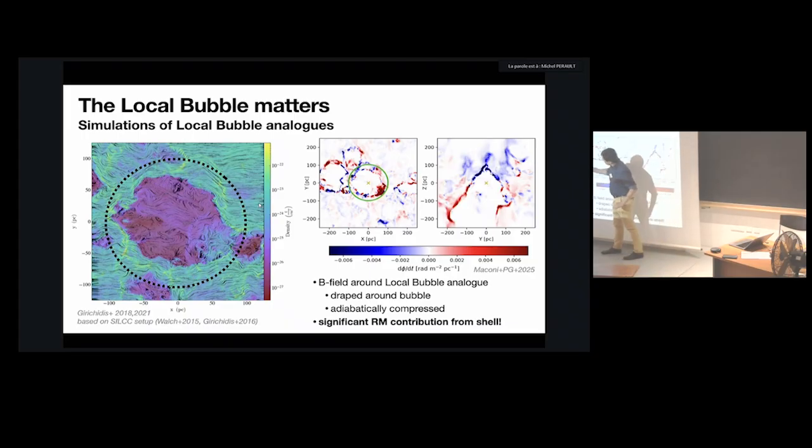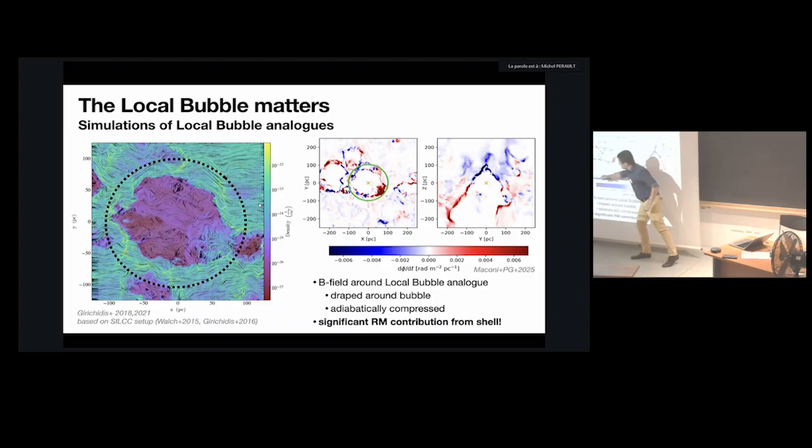Here is the density distribution of one of those bubbles. The streamlines here illustrate the magnetic field. And Ephraim Marconi did an analysis of where the rotation measure contributions come from. So he placed himself in the middle of one of these bubbles, shoots rays outward, and computes the differential changes to the rotation measure.